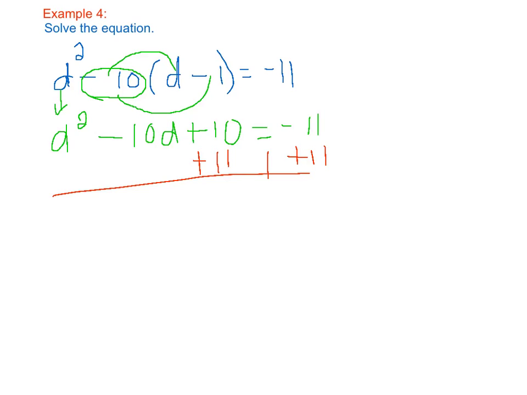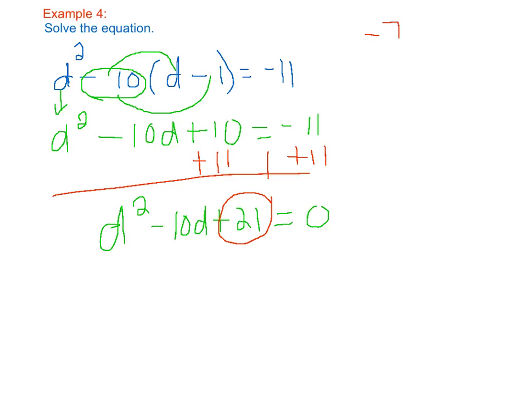And when you do that, we have d squared minus 10d plus 21 equals 0. Now we're going to look at this and list some factors that give you 21. You can do negative 7, negative 3, positive 7, positive 3, 21, 1, negative 21, and negative 1.